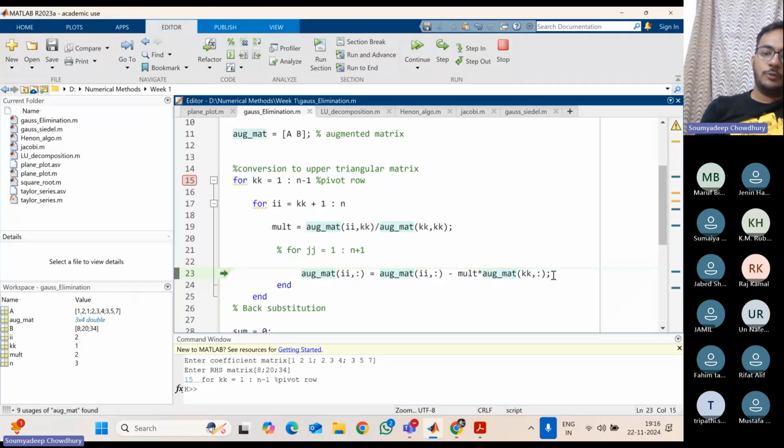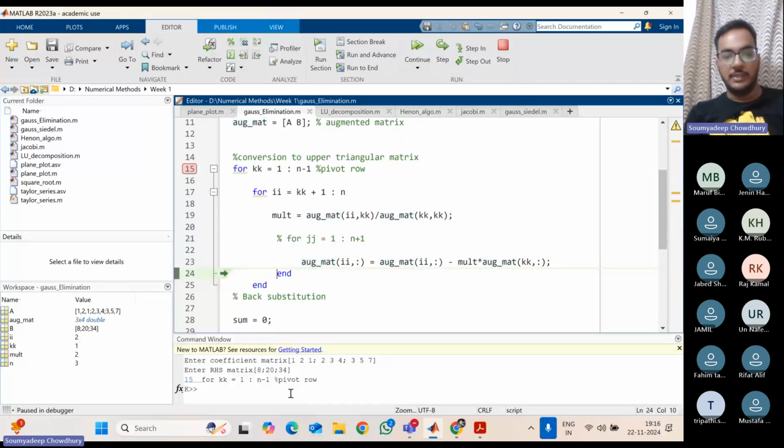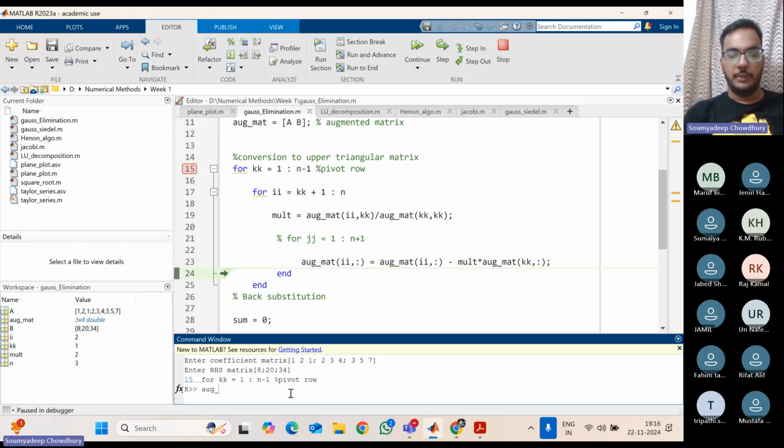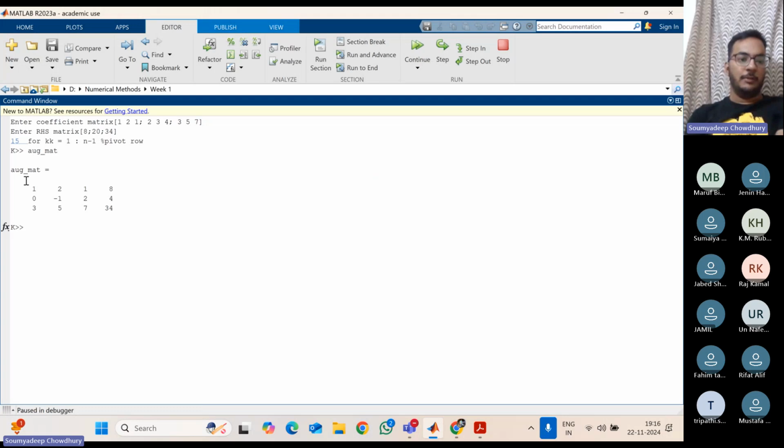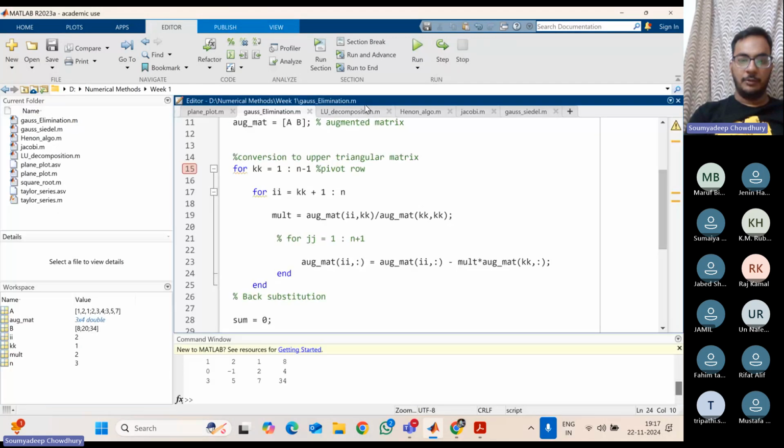So R2 minus 2R1. Then it will calculate that. Now in the command window you can type augment. If you see, only the second row is updated. One second, I'll show you step by step. I'll show you how to do this.